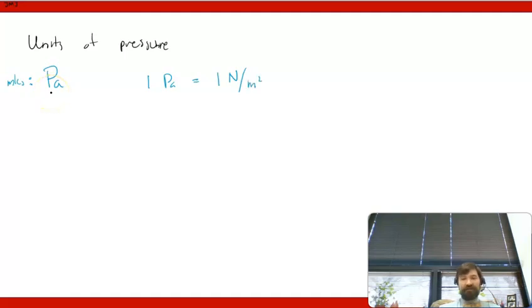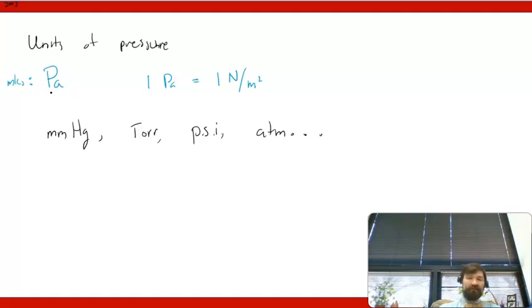Now there's many other types. There are millimeters of fluid, usually of mercury, but you could use water or something else. There are torrs. There are pounds per square inch. There's atmospheres, etc.